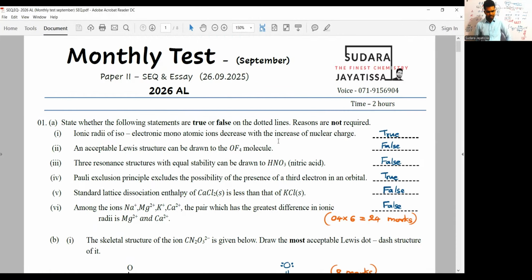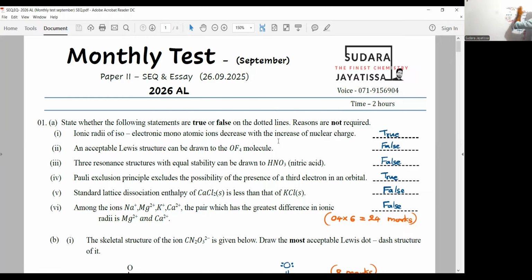First one, ionic radius of isoelectronic monoatomic ions. Isoelectronic monoatomic ions means ions with the same number of electrons. Sodium plus, magnesium 2 plus, aluminium 3 plus, like that. So it says that their size decreases. Okay, radius decreases when the nuclear charge increases.